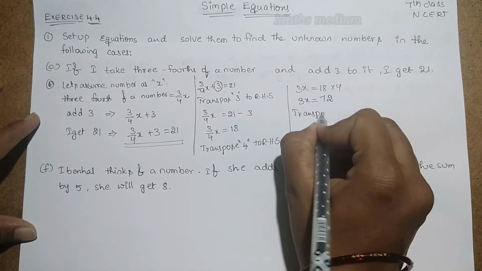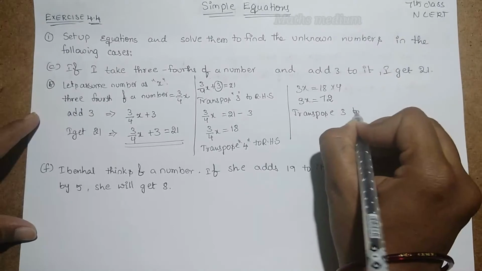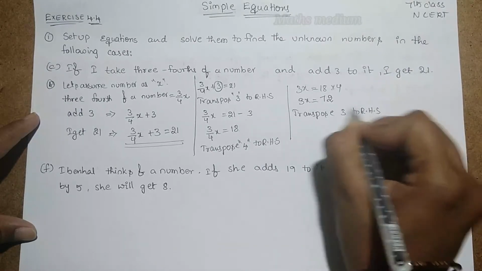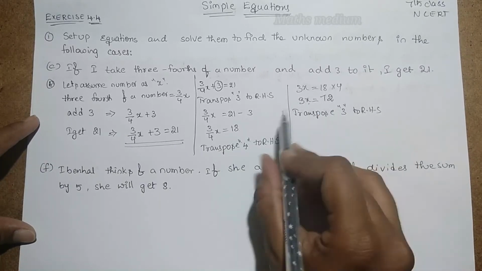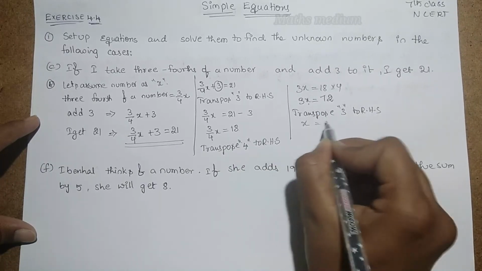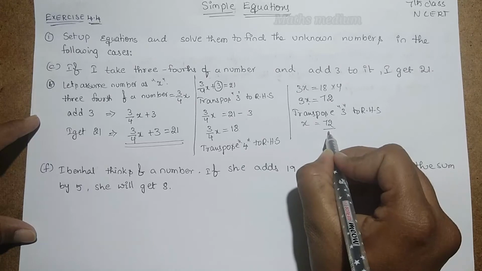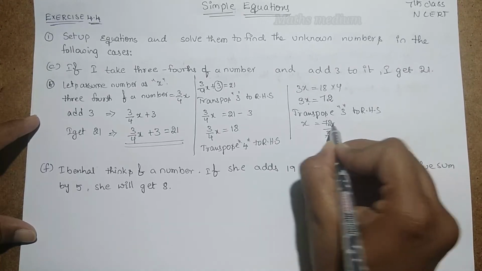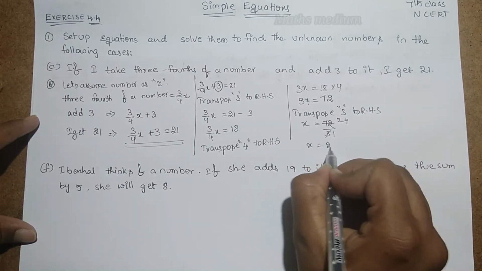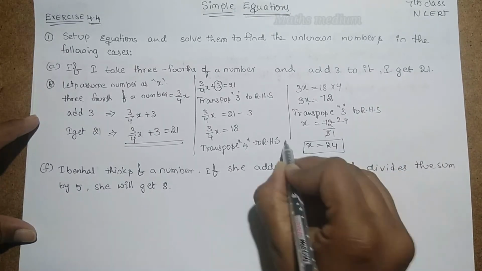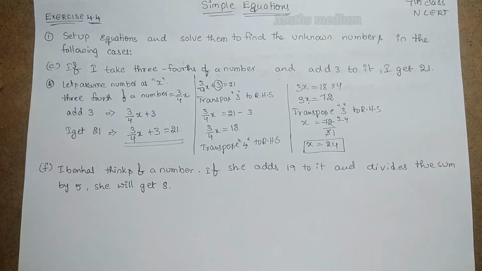Transpose 3 to RHS side. Here 3 is multiplying with a variable, so it gets divided on the RHS side. So 72 by 3. 3 1s are 3, 3 2s are 6, 3 4s are 12. So x equal to 24 is the answer for this given equation.